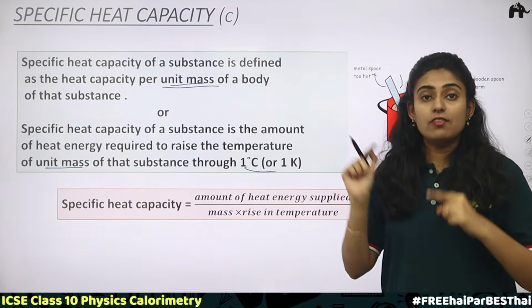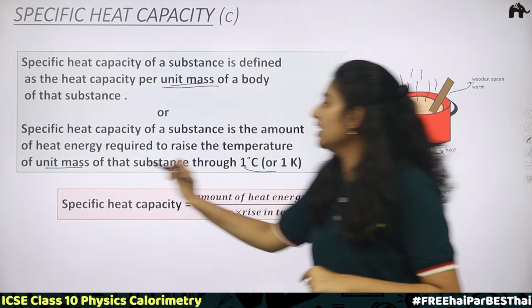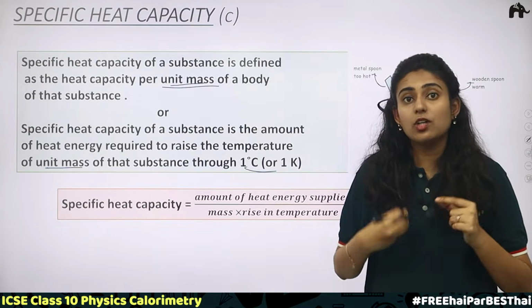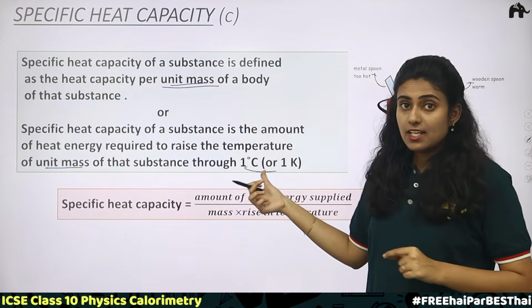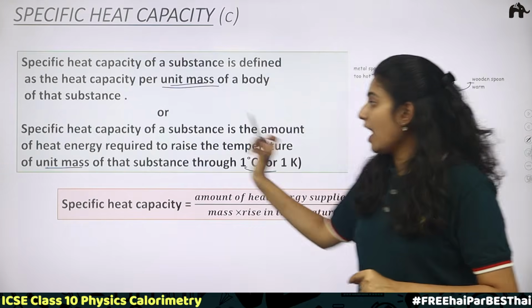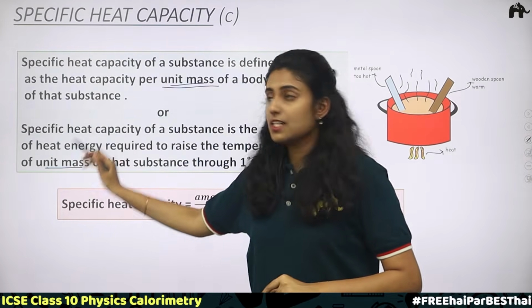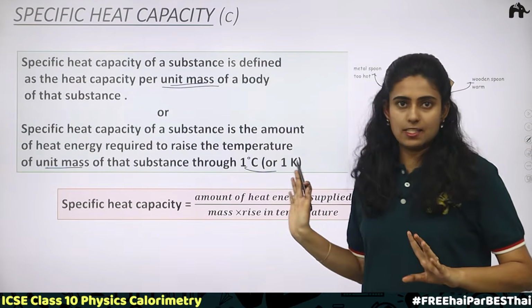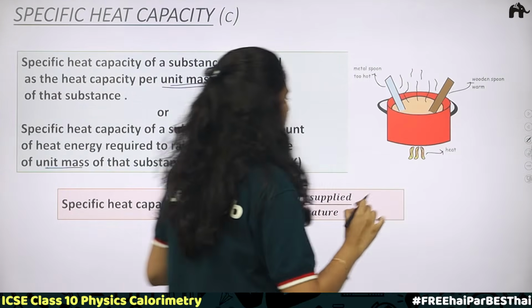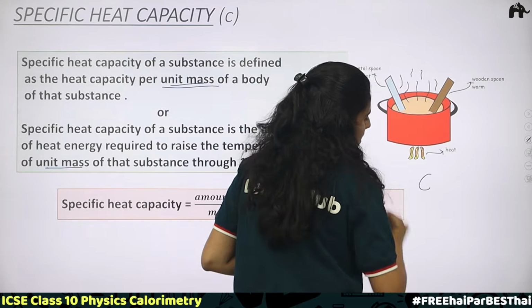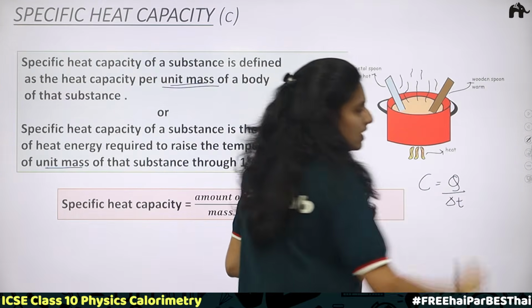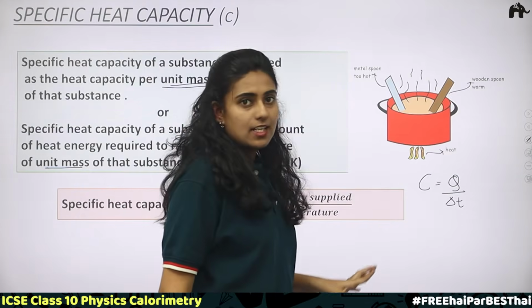or 1 Kelvin. When we defined heat capacity, we didn't have this unit mass. It is the amount of heat energy required to raise the temperature by 1 degree Celsius or 1 Kelvin. When you add unit mass, it becomes specific heat capacity, represented by the small letter c. We know heat capacity, capital C, is equal to Q divided by delta T, where Q is the heat energy and delta T is the rise in temperature.